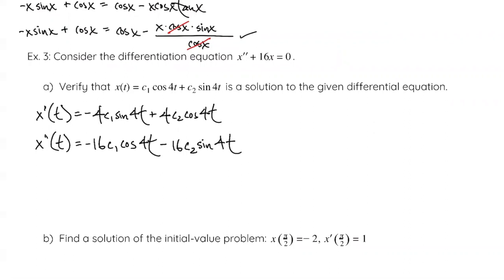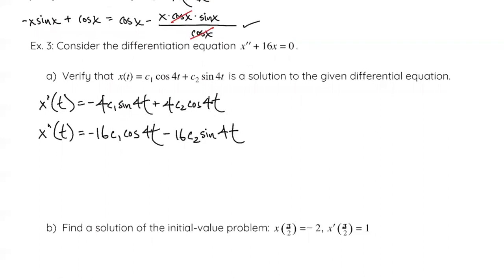Now that we have those, we can plug those into the original differential equation and just make sure that it zeroes out. And so we'll get negative 16 C1 cosine 4t minus 16 C2 sine 4t plus 16 times the original one.